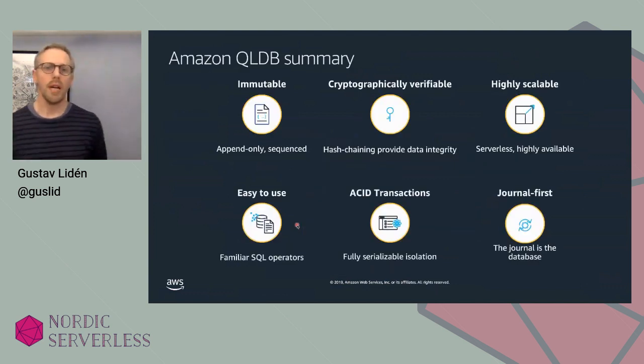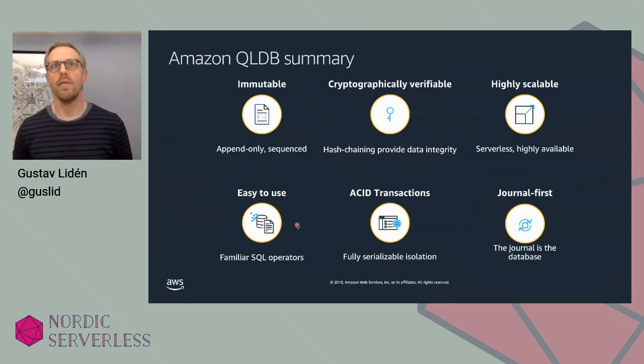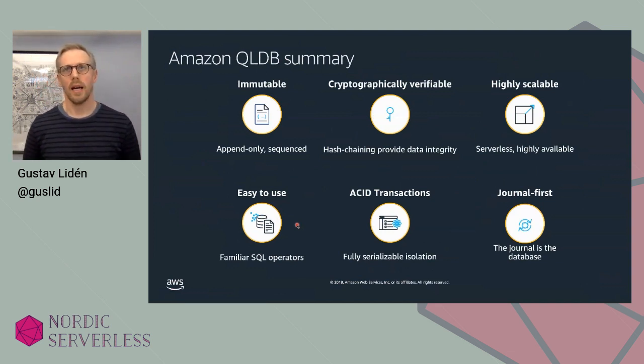So in summary, QLDB has these different properties: immutability, being verifiable cryptographically, a serverless offering, highly scalable, easy to use. We'll look at that coming up here. High isolation on the transactions, and really putting the journal into the core of the database.